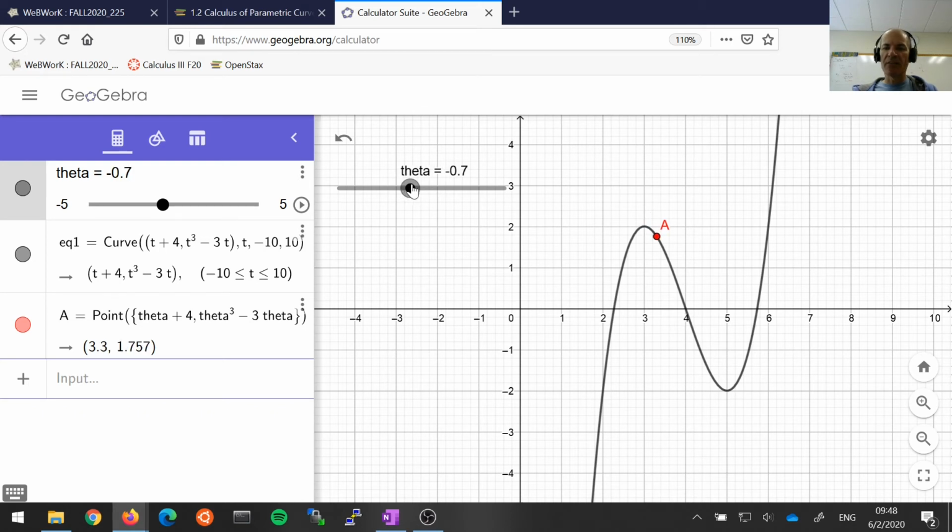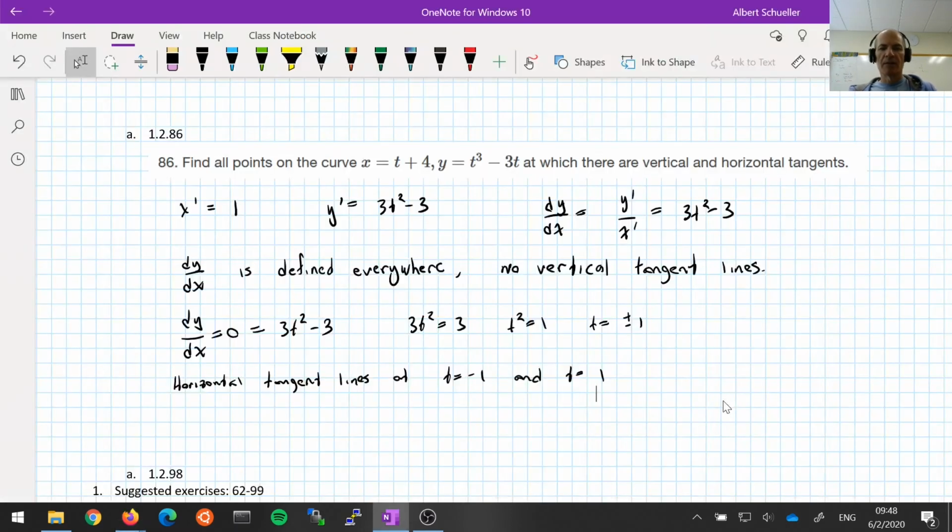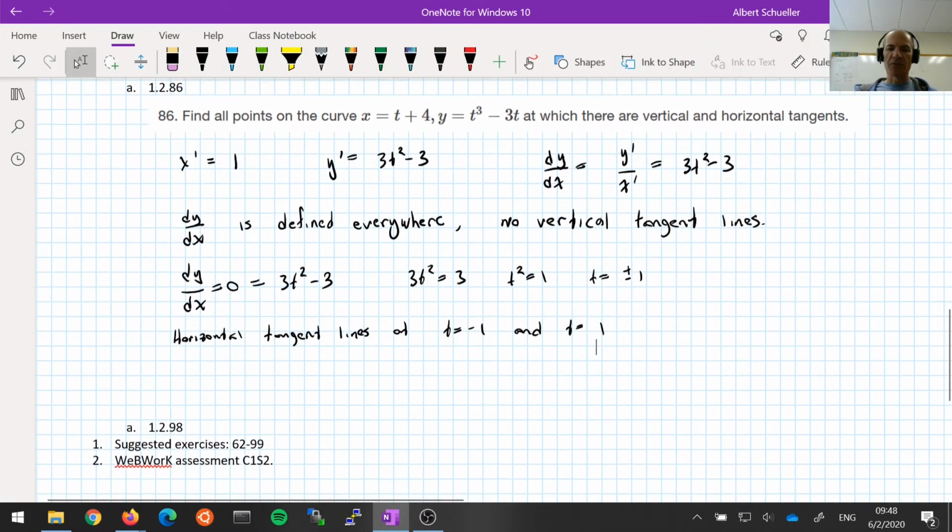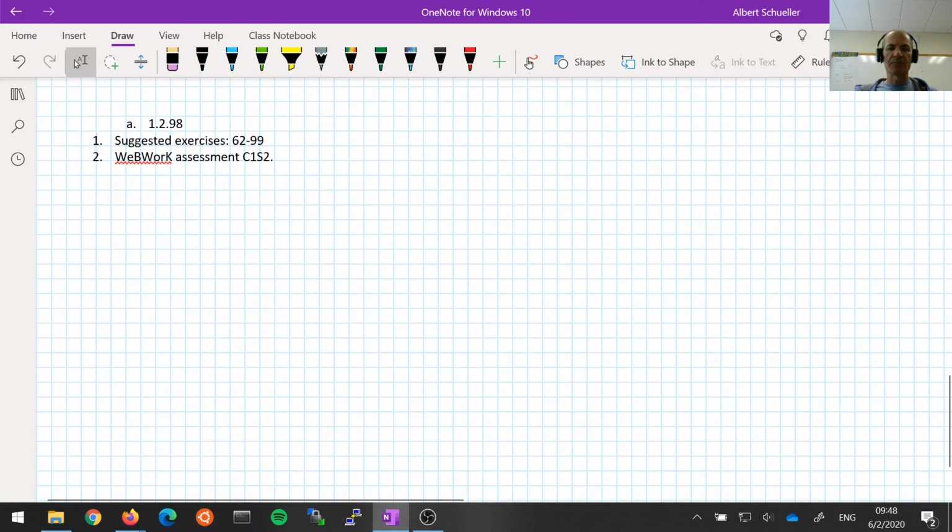And then if I advance over to t equals 1, we get to the other extreme point on this curve, the local extreme, and that corresponds to the point 5, -2. So we are getting sensible results from these calculations.